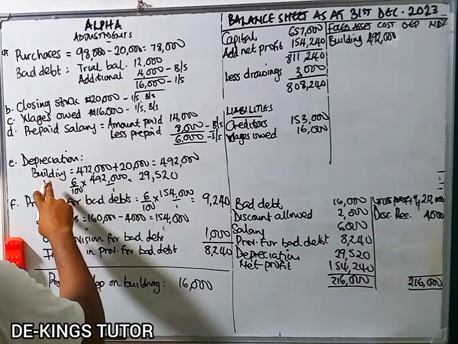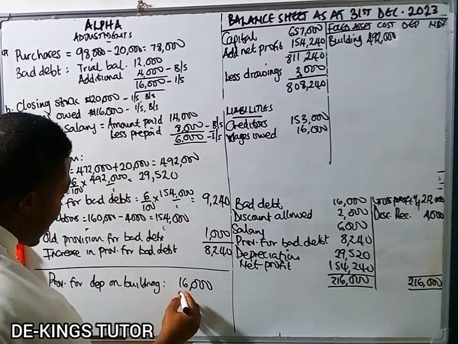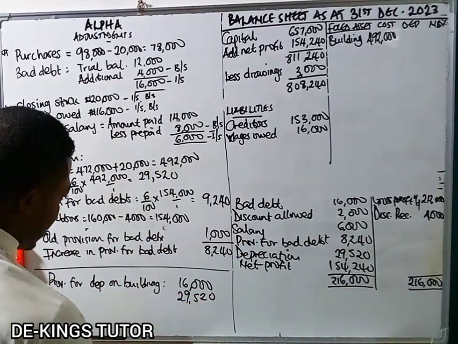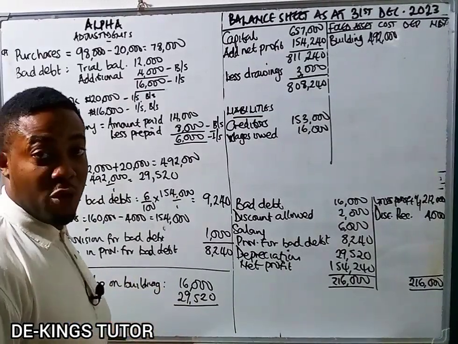Now we look at the new provision for depreciation we calculated, not bad debt, depreciation: 29,520.